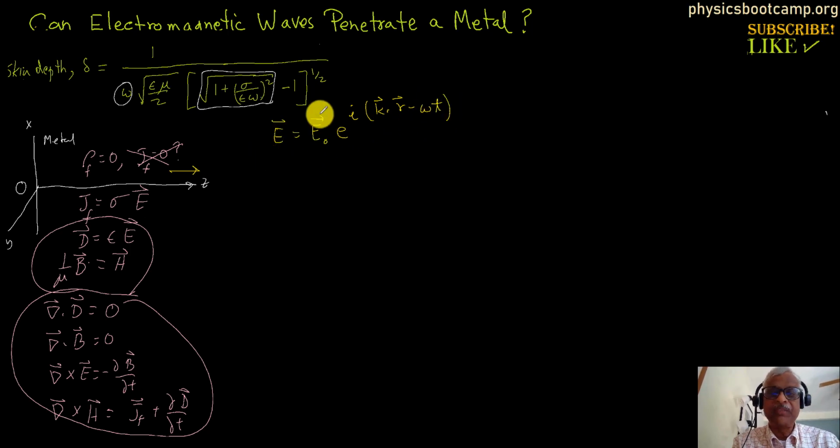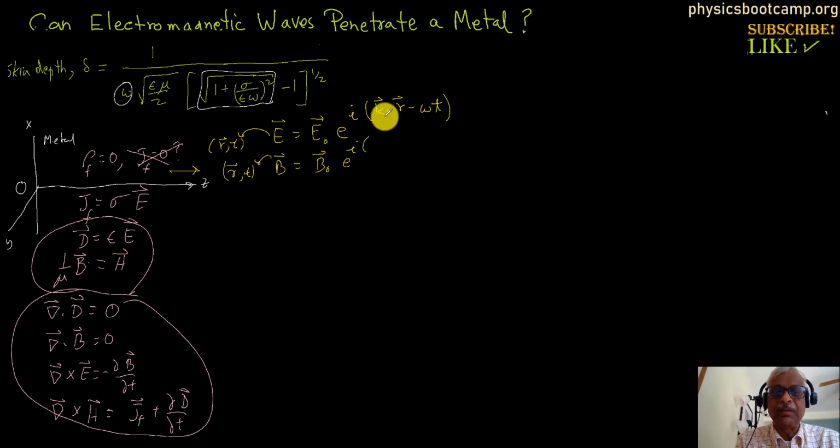So the phase is in here. This is E at location r and time t. And B will be B0 e to the i, and this phase will be the same. So we can actually plug into these equations, and right away we'll notice something.